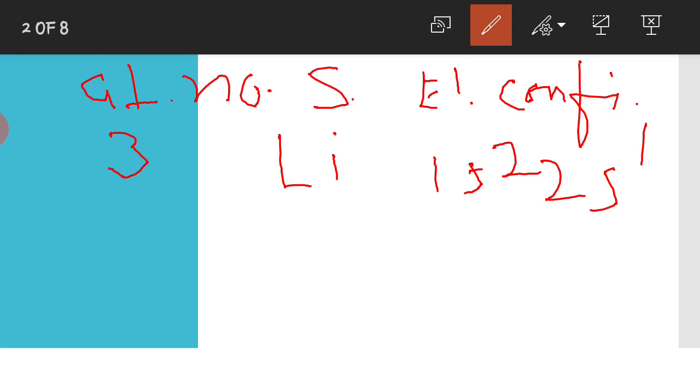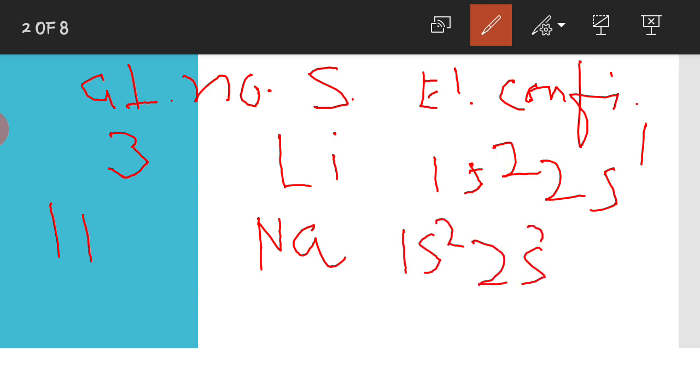Atomic number 11, name sodium and symbol Na, and electronic configuration 1s2 2s2 2p6 and 3s1.